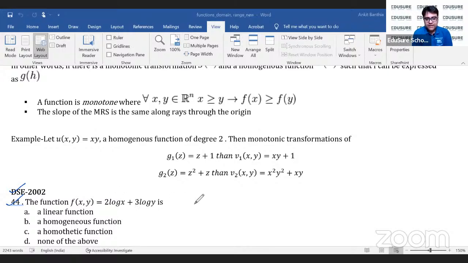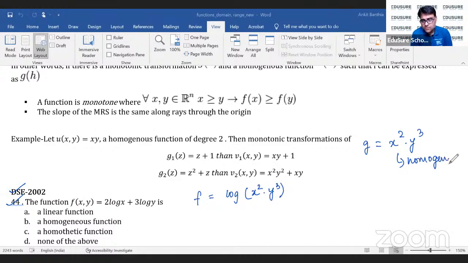So if you take a look at f of x y, it can be written as log of x square into y cube. Now, if I think about x square into y cube, this is basically homogeneous of degree 5. Basically, what you see is this.